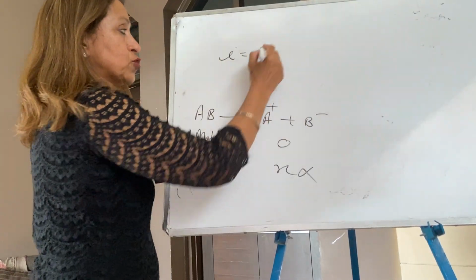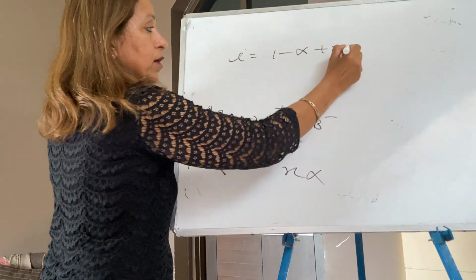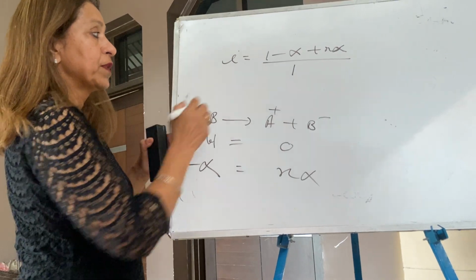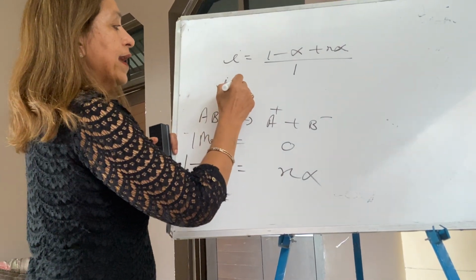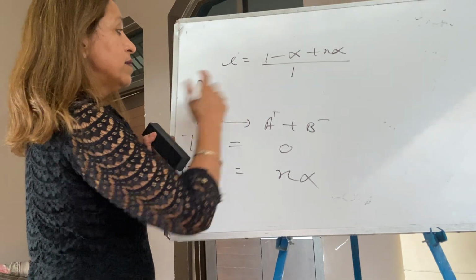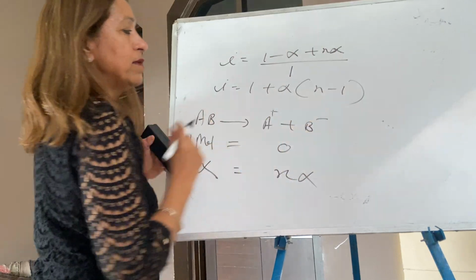Total moles after dissociation, 1 minus alpha plus n alpha, divided by total moles before dissociation, which is 1. Make it simple. i is equal to 1 plus alpha (n minus 1).